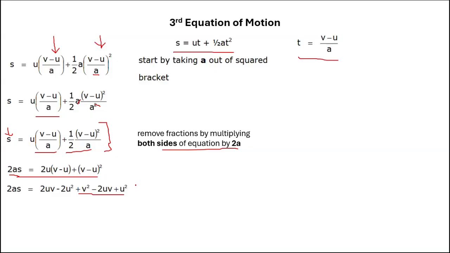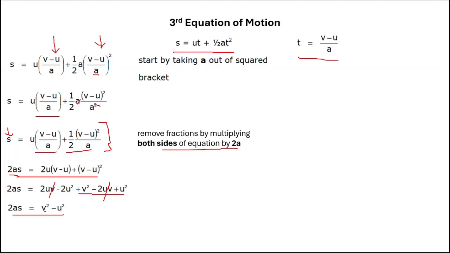So now the next step, 2as is equal to 2uv gets cancelled with minus 2uv, and minus 2u square plus u square gives us minus u square, and v square comes in its place. So 2as is equal to v square minus u square.